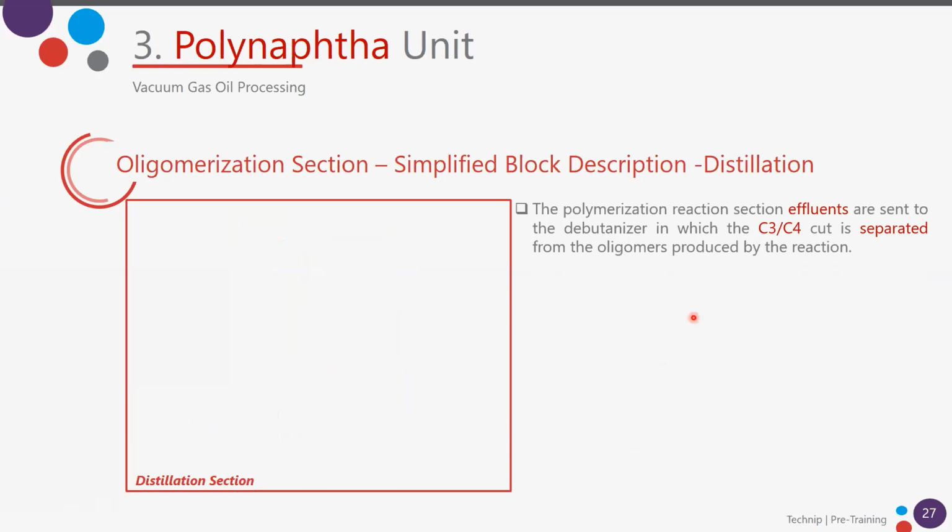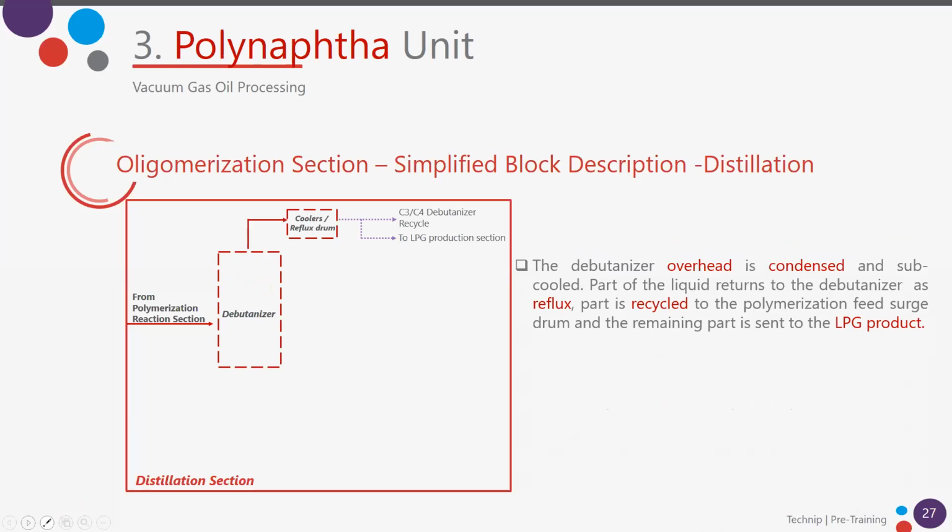So the polymerization reaction section effluents are sent to the debutanizer in which the C3-C4 cut is separated from the oligomers produced by the reaction. Okay. Remember that we also have some C3 and C4 that didn't react during the oligomerization, so we will separate it in this debutanizer column.